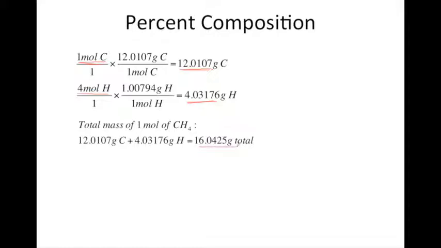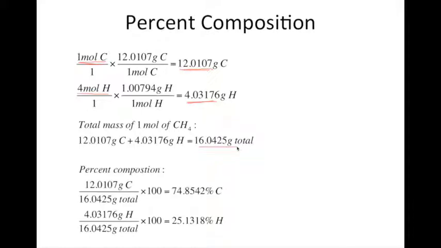And we get about 16 grams total for 1 mole of methane. So now to express it as a percent, we take the mass of each atom and we divide it by the total mass of the compound times 100. And you can see we get about 74.8% carbon and about 25.1% hydrogen.